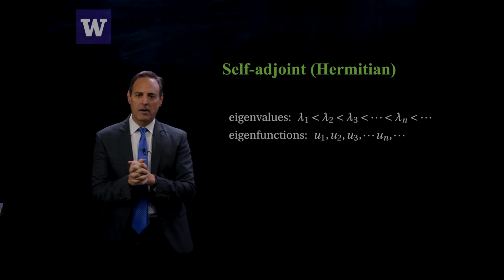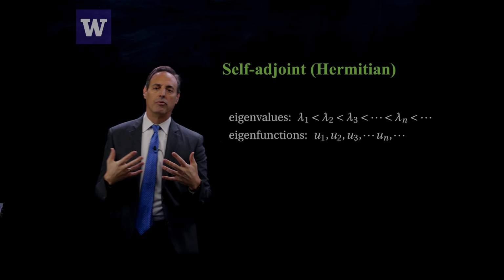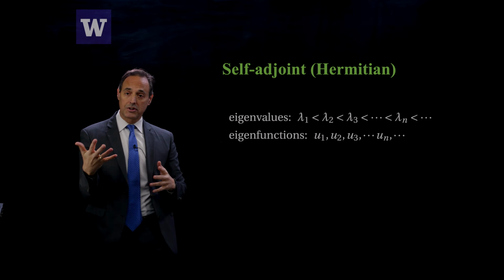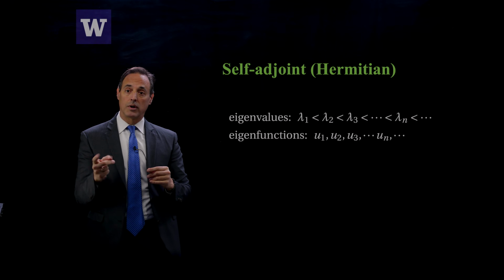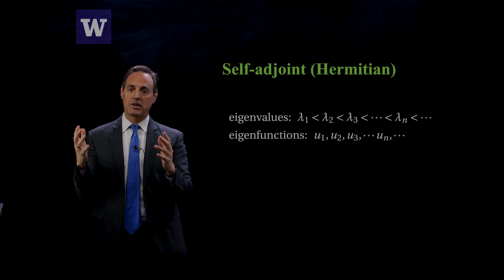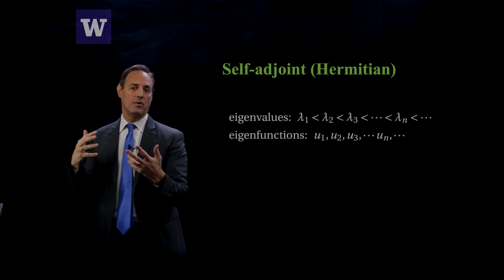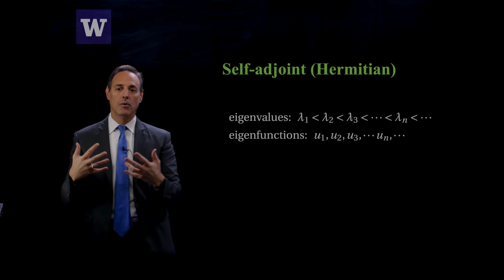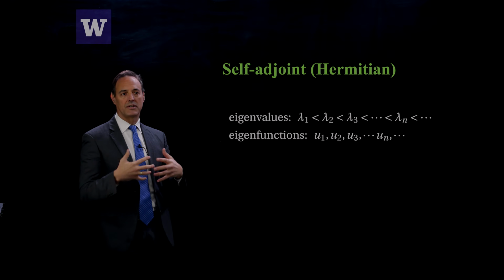Okay, so this is the format. And I want to talk about some of the special properties that hold for these Sturm-Liouville problems. First of all, the Sturm-Liouville problem is self-adjoint. In other words, L dagger is equal to L, and the boundary conditions for the adjoint problem are the same as for the regular linear operator. So we have the self-adjoint operator, and the self-adjoint operator has some very nice properties.